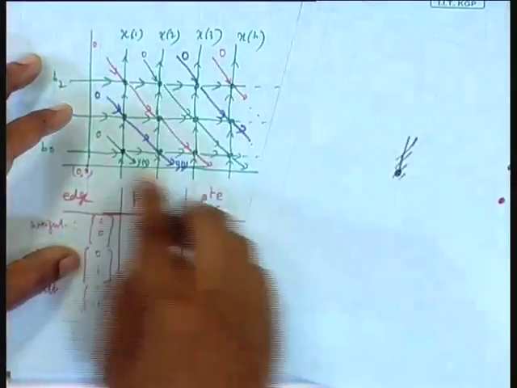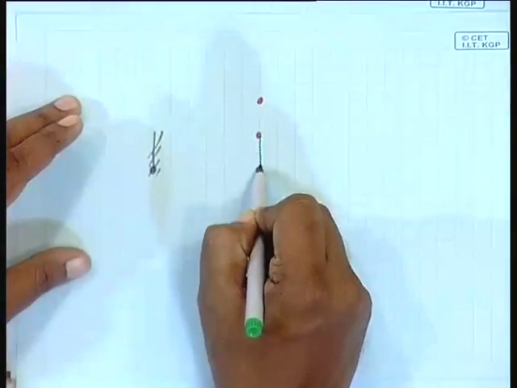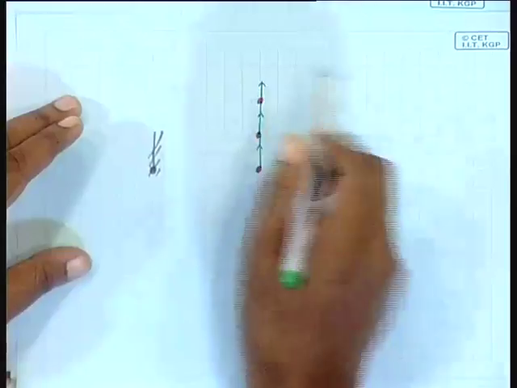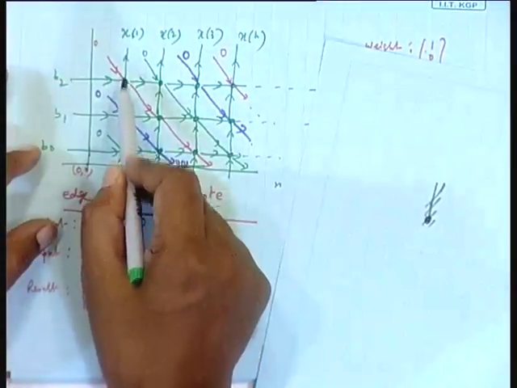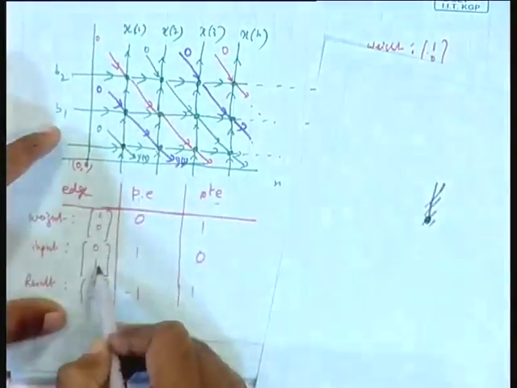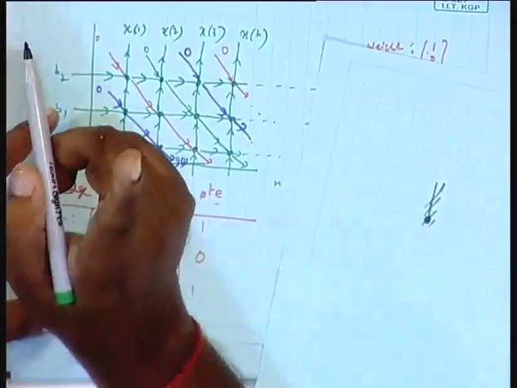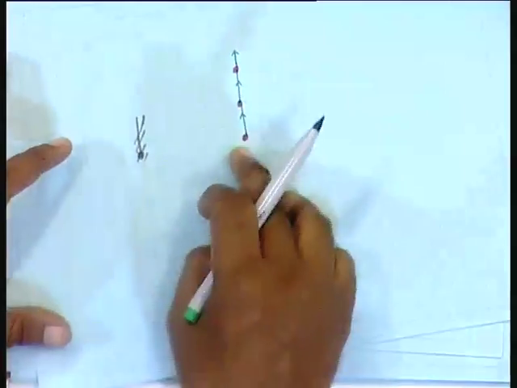That means this edge will come up like this. Are you getting me? Look at this edge. This edge is the input edge. That was getting mapped to 1. 1 means what? I have got only one dimension now. There 1 means the positive direction unit vector.